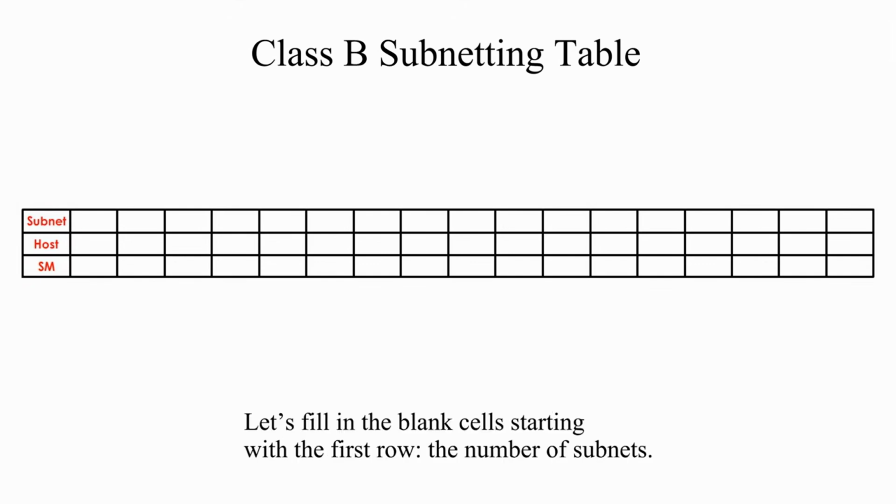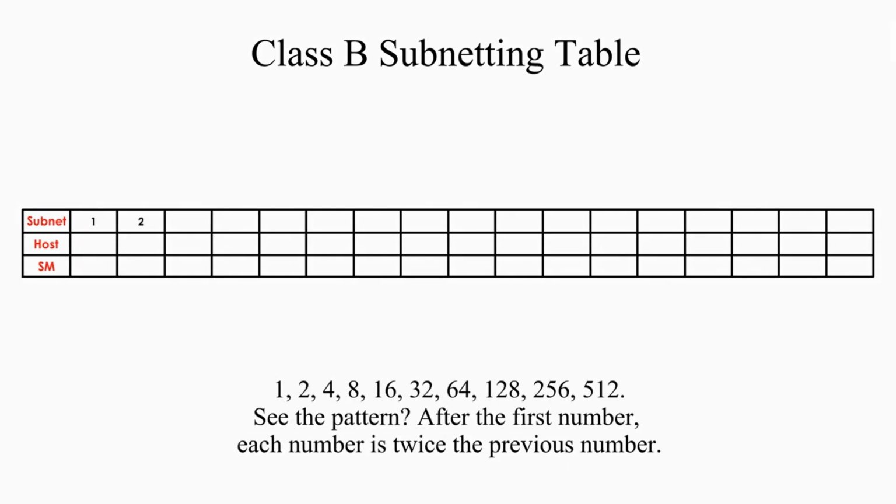Let's fill in the blank cells, starting with the first row, the number of subnets. 1, 2, 4, 8, 16, 32, 64, 128, 256, 512. See the pattern? After the first number, each number is twice the previous number.